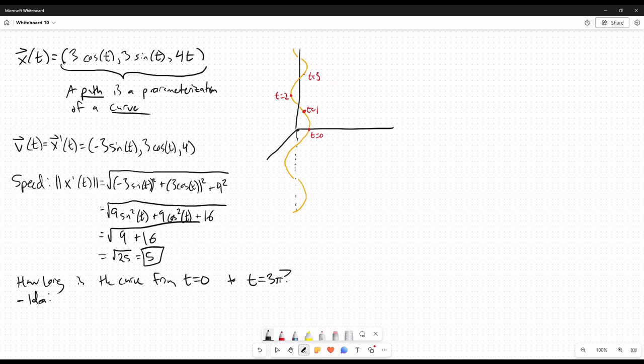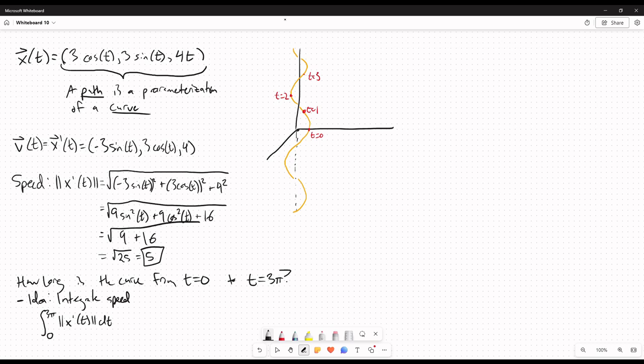So our idea is we'll integrate speed on the interval 0 to 3 pi. We'll integrate the norm of x prime of t dt. You'll notice that we got very fortunate that t didn't end up being in our speed formula.